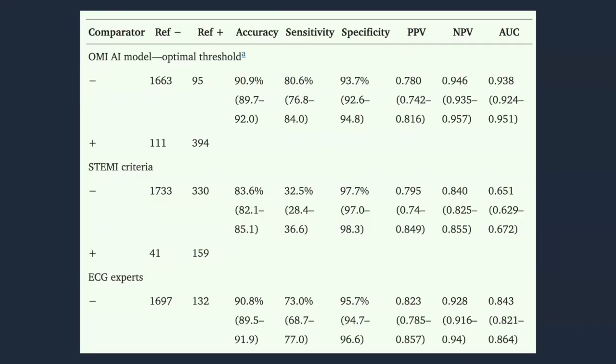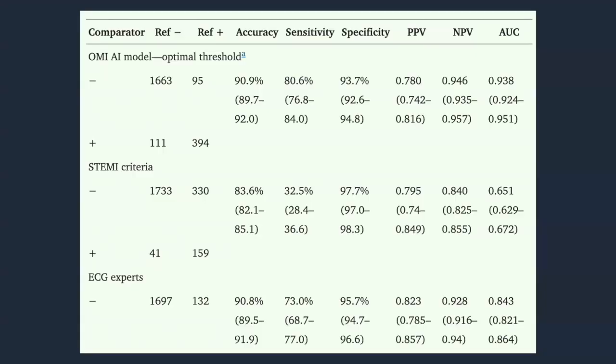And what they found is that the AI model had a pretty good sensitivity and specificity when it came to detecting OMI from a single standard EKG. The STEMI criteria had pretty low sensitivity, pretty good specificity. And then the EKG experts were Stephen Smith from Hennepin and Pendell Meyers from Stony Brook, two of the leaders and advocates for this new OMI manifesto and OMI paradigm that we're in now.